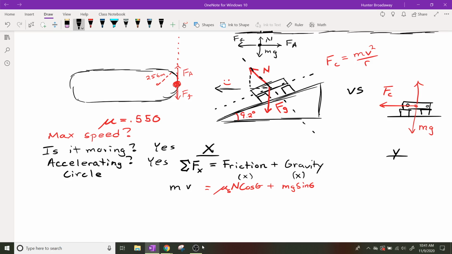Ultimately remember, we're looking for the maximum speed, which means instead of having mass times acceleration, it's probably going to be better for us to have mv squared over r. They are the same thing. I'm not going to argue that they're not the same thing because I would be very wrong.